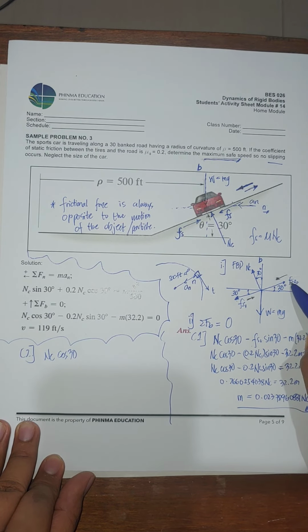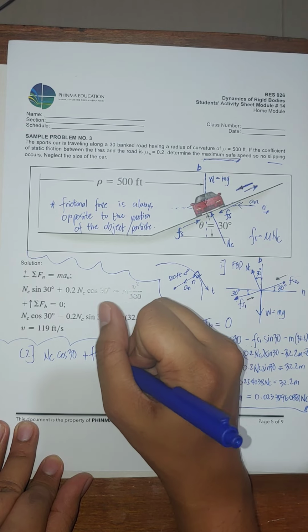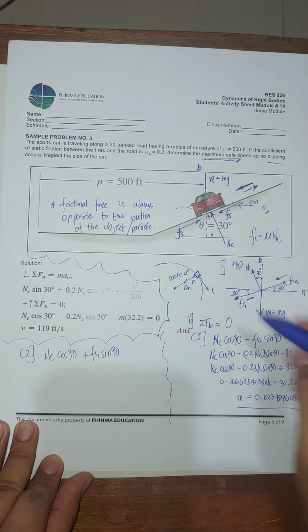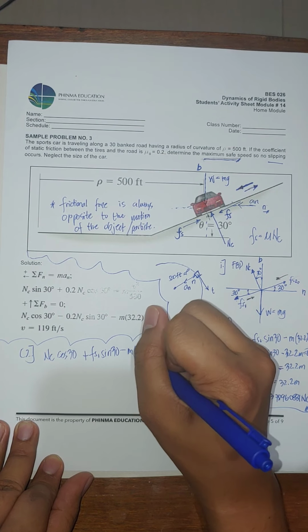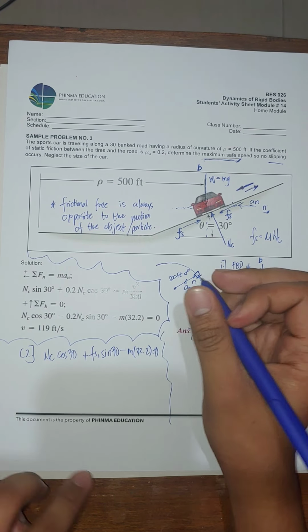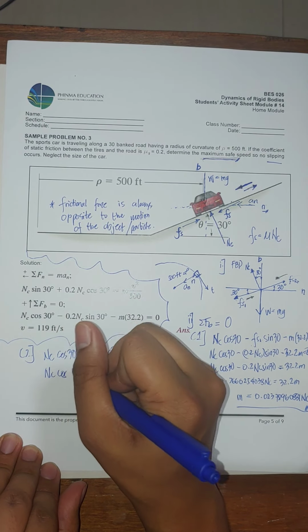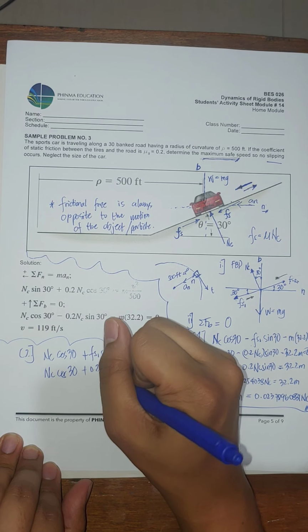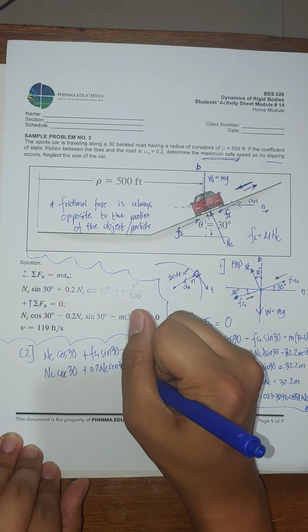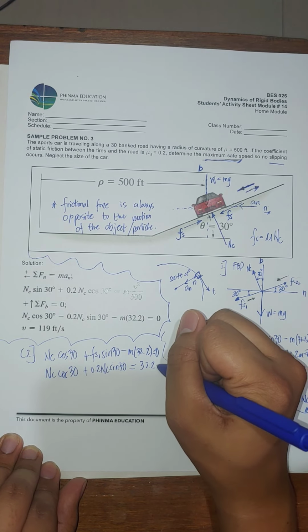And since this moves upward, it is positive, plus Fs1 sine 30, and then minus, same as before, m times 32.2 is equal to 0. So relating everything, NC, the normal force, times cosine 30 plus 0.2 NC sine 30 is equal to 32.2 m.